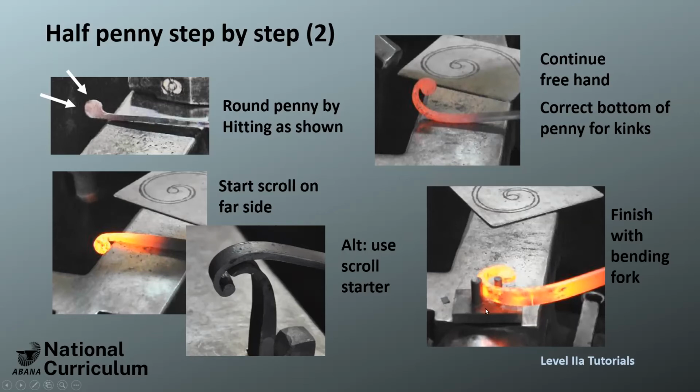And I have another little scroll jig here that fits my hardy hole that I used, and that was for video purposes too. I usually don't do this on the anvil. If I do it for myself, then I clamp this little bending jig in my vise and work there.